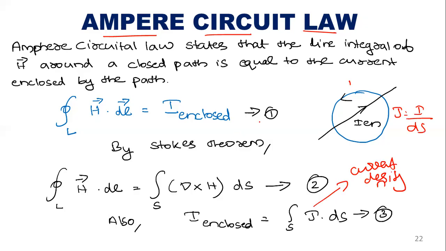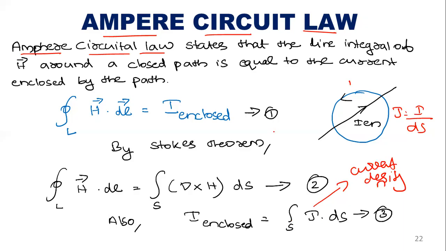So we have equation number 1, that is integral H dot dl is equal to I enclosed, which is Ampere's Circuital Law. By Stokes' theorem, we have the relation integral H dot dl is equal to the surface integral of del cross H dot ds. That is equation number 2, and it is also equal to the surface integral of J dot ds. That is equation number 3.